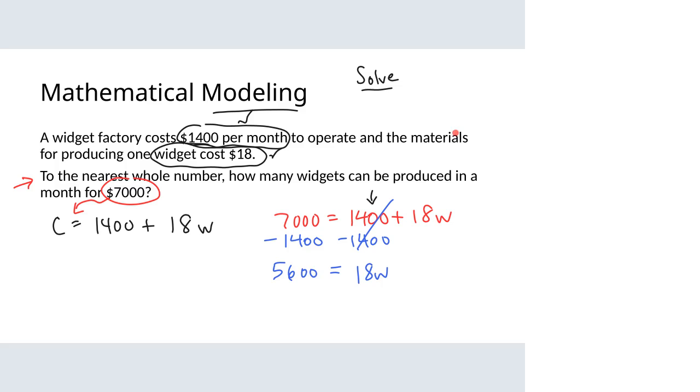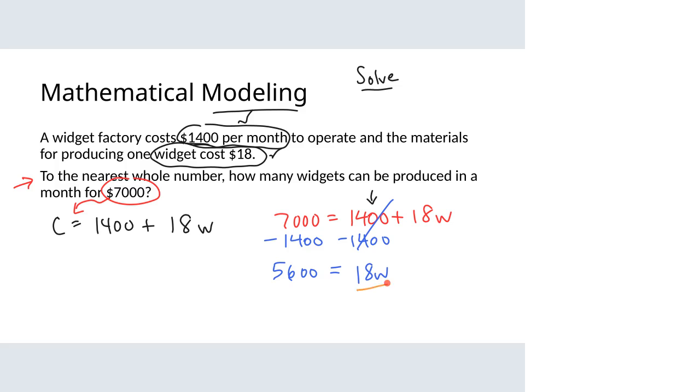Now we've got this 18W over here. I want to get W by itself, so I need to get rid of 18. That's 18 times W. So what do I do to make that 18 go away? Very good, Jessica, Isabella, Nicole, Ashley, Emily, perfect.